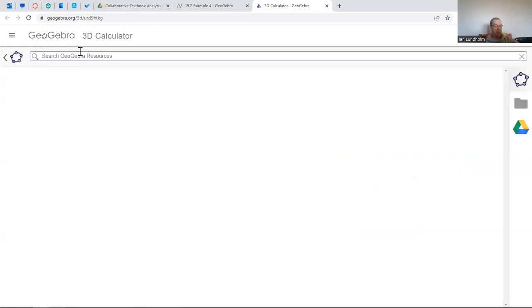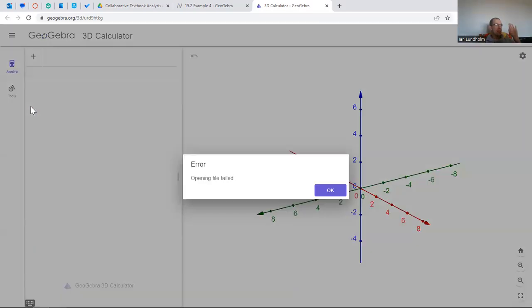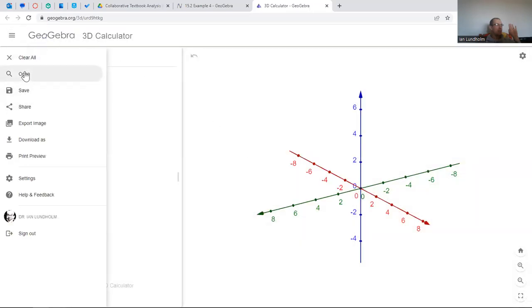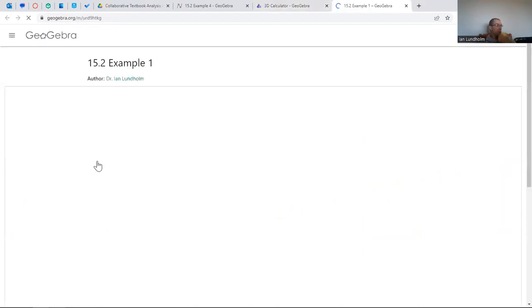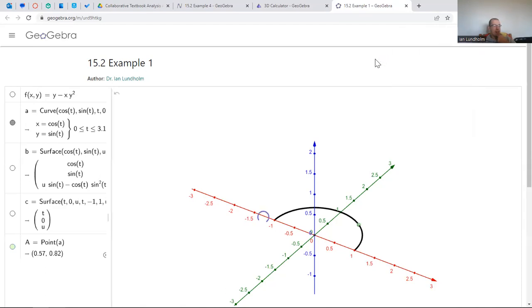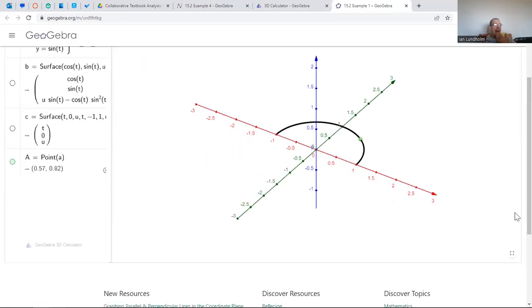Open my thing. Opening file failed. Open. That's worked before. Let's see view. You know what? If this works, I'm going to take it. Please. I don't know why.